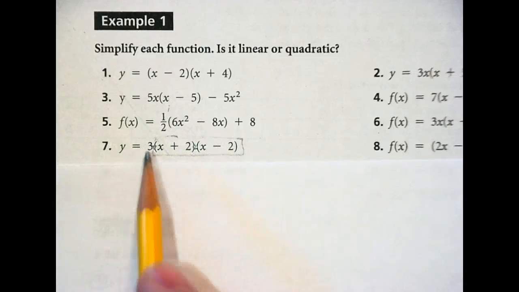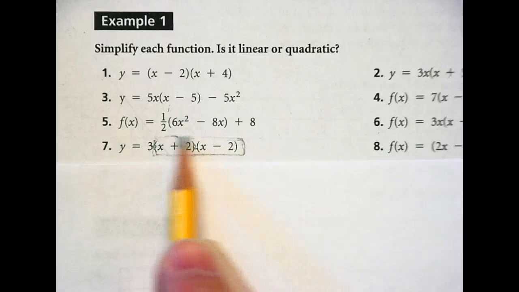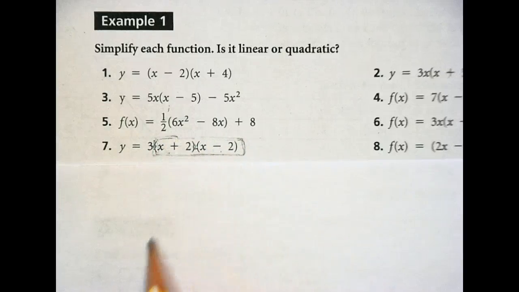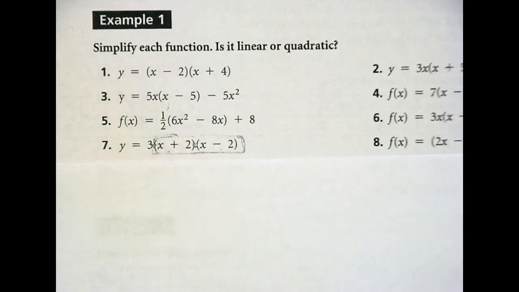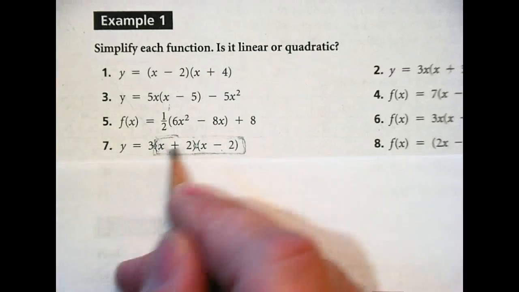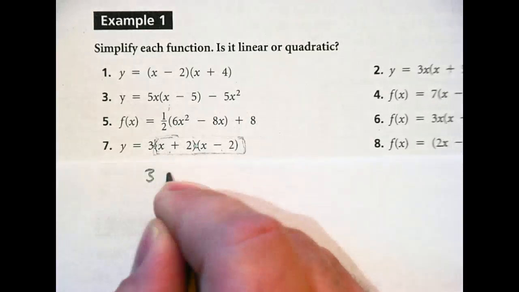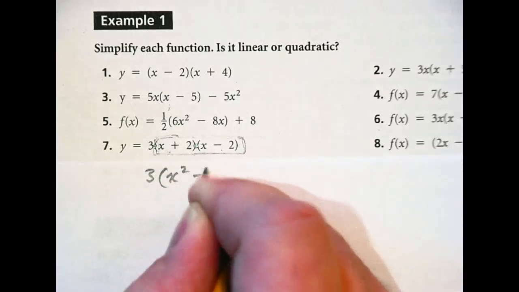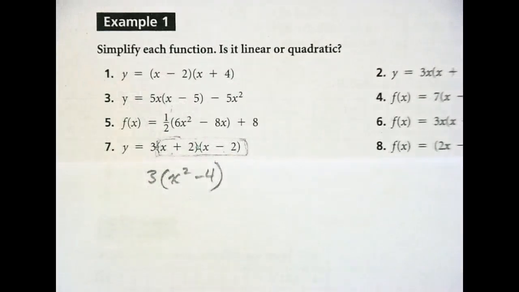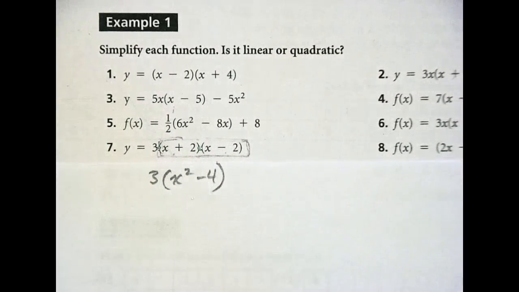Personally, I multiply the two binomials first, x plus 2 times x minus 2. And for those of you who remember difference of two squares from this summer, or from algebra, that should be a quick multiplication. You should be able to do it in your head. If you don't, then you're going to have to FOIL it out. But once you get that, you get 3 times x squared minus 4, which is what that multiplies out to.